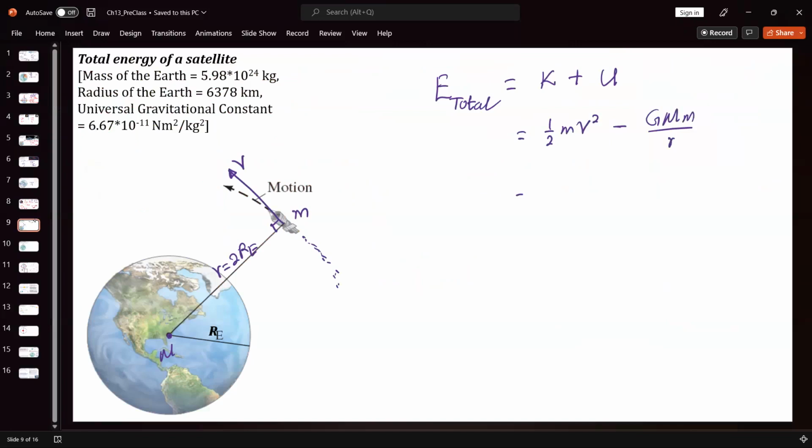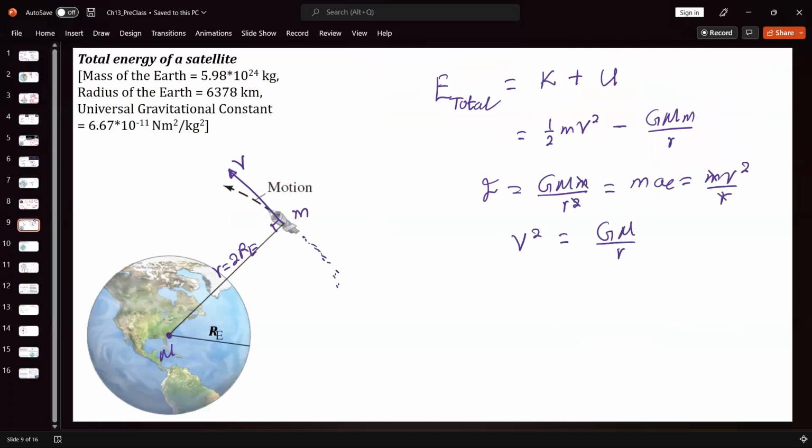Because we know the force of gravity, which is GMm divided by r to the power 2, is actually the centripetal force, m times a_c, m times v squared over r. Small m cancels out, one of the r cancels out, then we can easily figure out v squared is equal to GM divided by r.